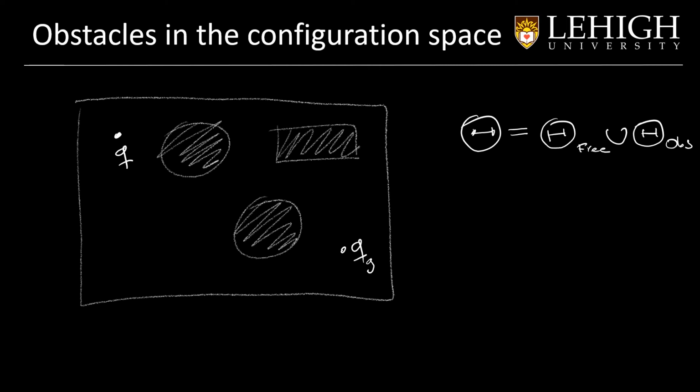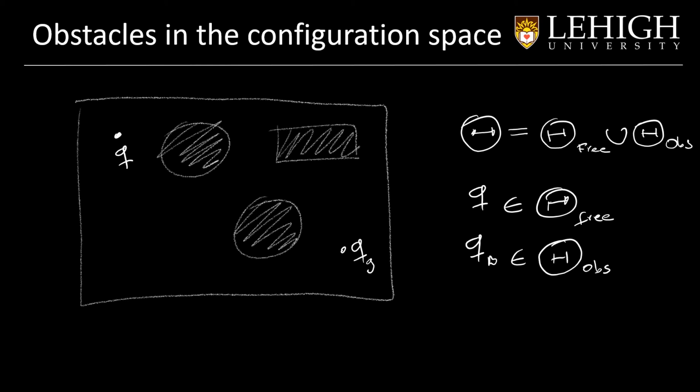Now our point in the configuration space belongs to free, and we want to keep it there. This is our robot in the free configuration space, and the obstacle is just another point, but it belongs to the subset of the obstacles in the configuration space.